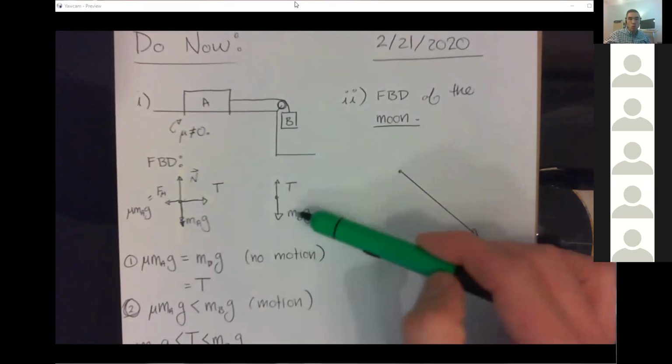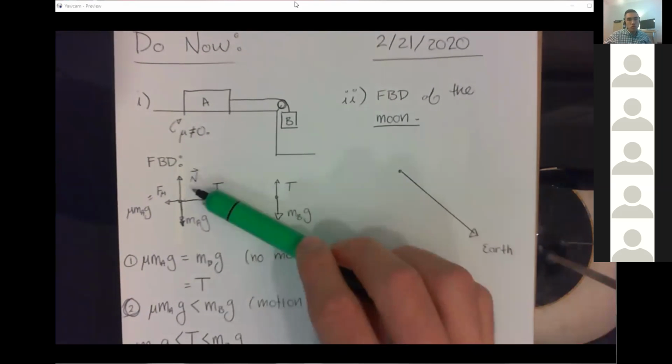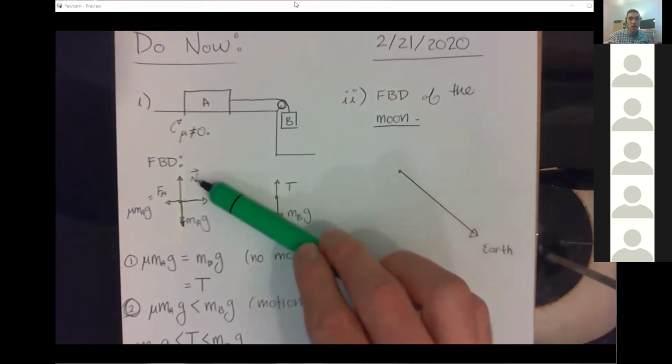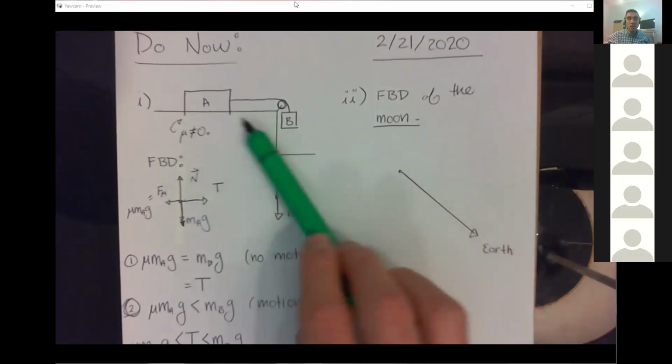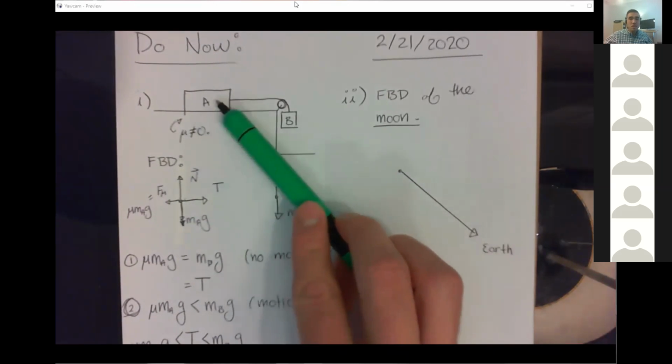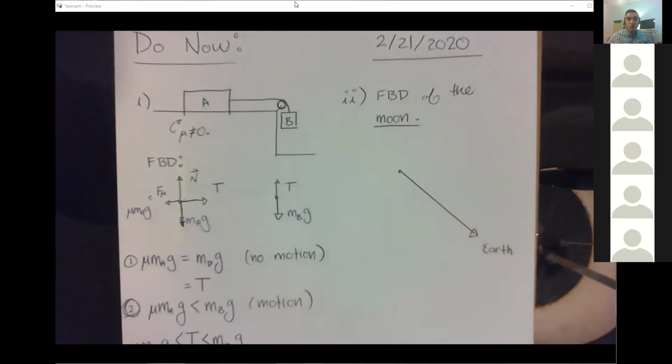So here it's weight and weight, and then the tension comes from the string, and this normal force comes from the table, and this friction comes from the interaction of the block with the table. However, things like net force or centripetal force are not pure forces out in nature because they don't come from somewhere. The net force is just what you get if you take all of the forces in a system and add them up.